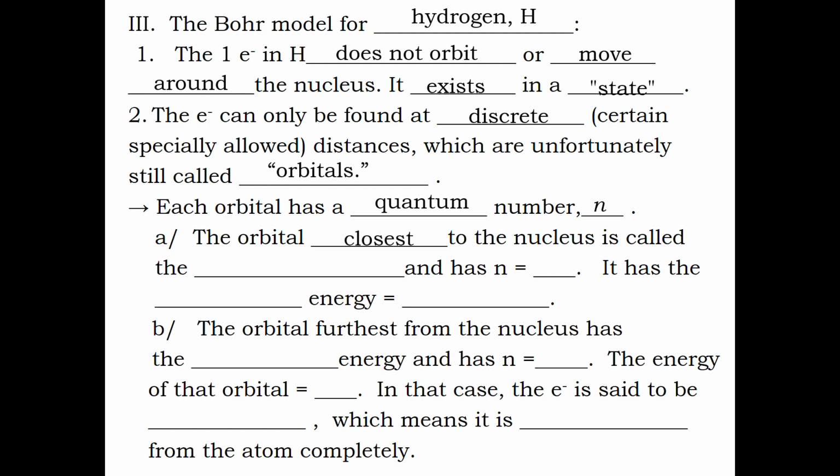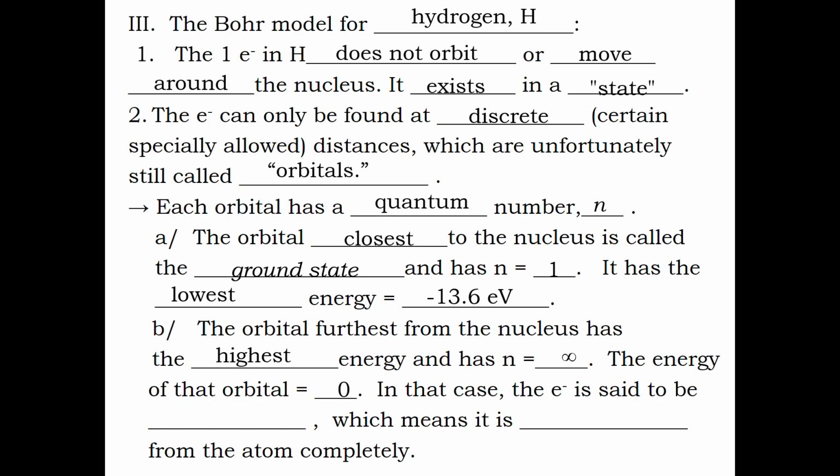The orbital closest to the nucleus is the ground state, and has n equals 1. It has the lowest energy, and in this case it's negative 13.6 electron volts, which you can see on page 2 of the reference table, which we'll get to in just a moment. So the orbital furthest from the nucleus has the highest energy, and that's n equals infinity, and the energy of that orbital is 0.